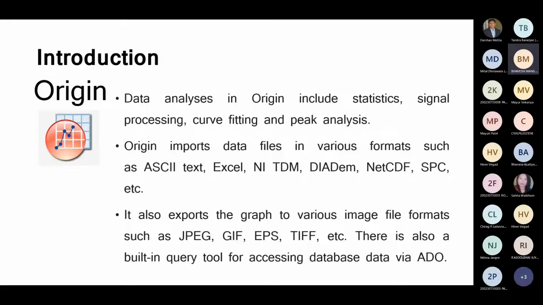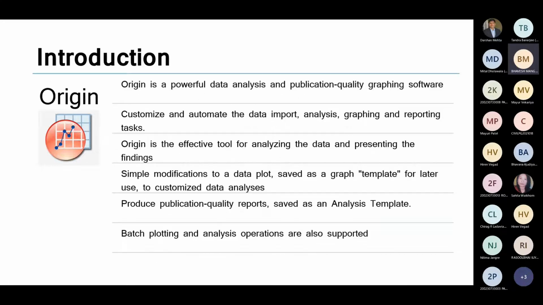There is a built-in query tool for accessing database data via ADO. It is a powerful analysis and publication quality graph software. It customizes and automates the data import, analysis, graphing, and reporting tasks.